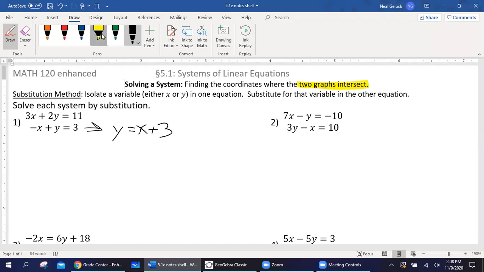So now I'm going to take what y equals, x plus 3, and I'm going to replace y in the other equation with that. So the first equation now will look like 3x plus 2 times the quantity x plus 3 equals 11.